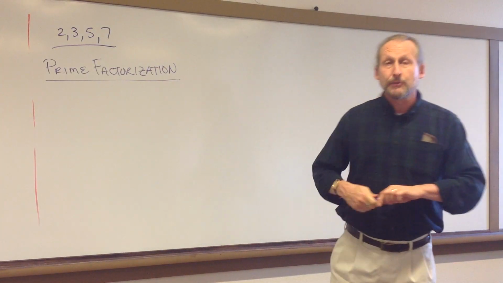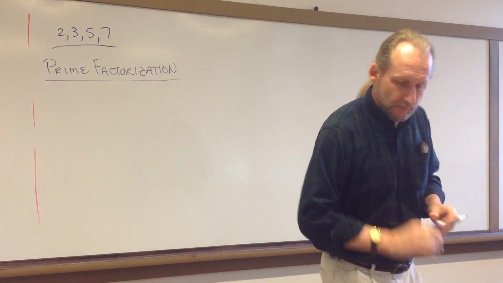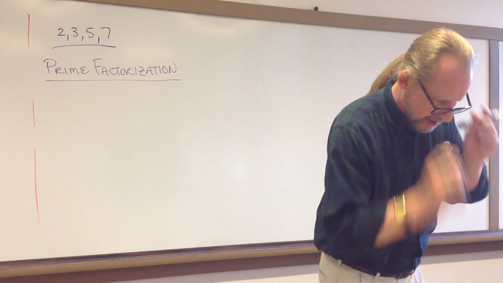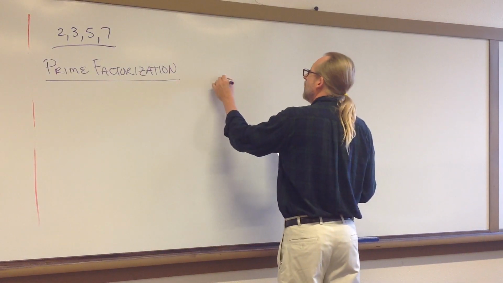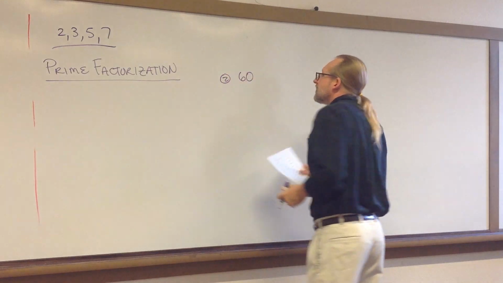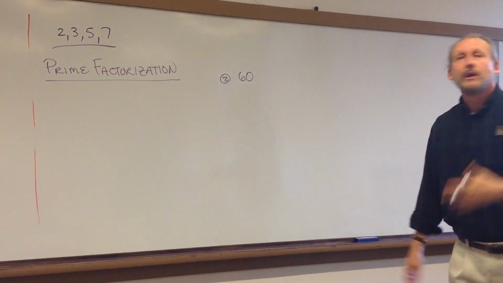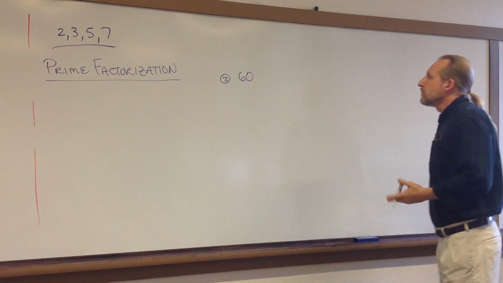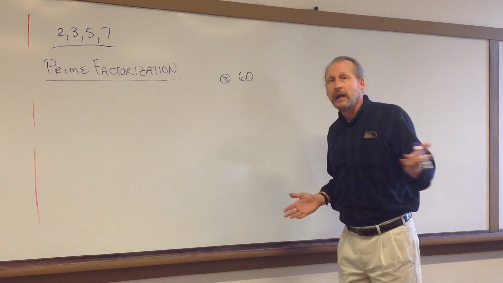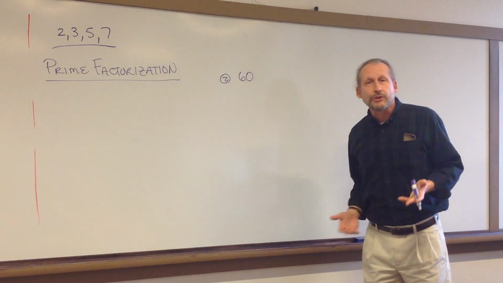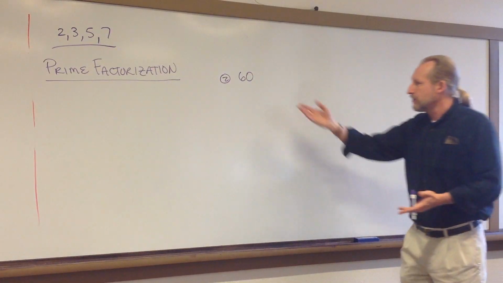But the idea is we want to break a number up into its prime factors. All right, so on the handout, we start with problem 2, 60. Okay? All right, so the first thing to do is to ask yourself what times what equals 60. And it doesn't matter whether you say 6 times 10 or you say 2 times 30, you're going to end up in the same place. Okay, and I'll show you that here in a minute.